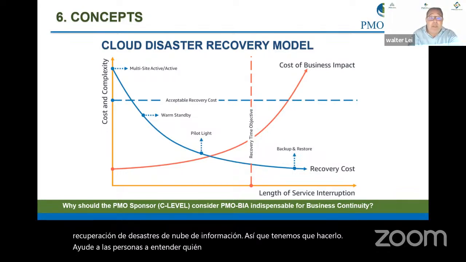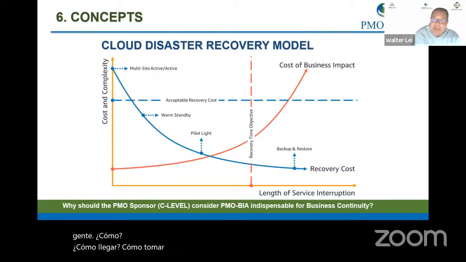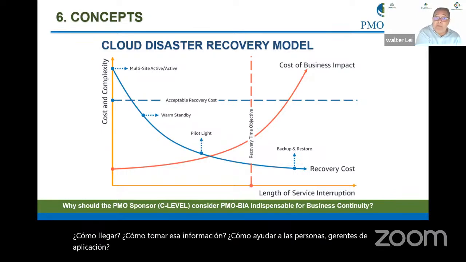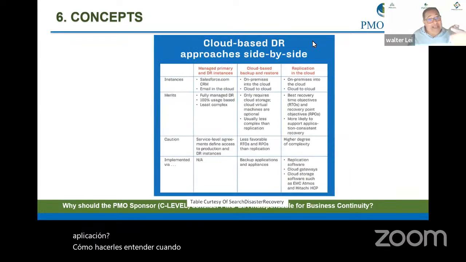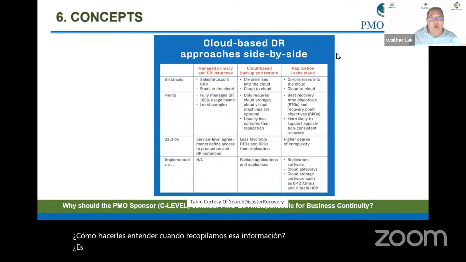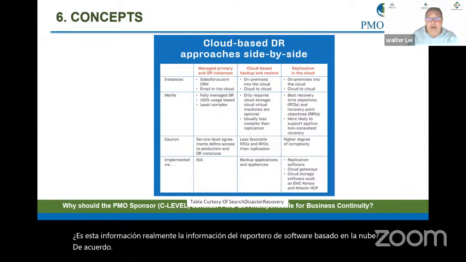We have to help people how to get it, how to take that information, how to help people, managers, application people, to understand when we gather that information. The cloud-based disaster recovery approach, especially for application people, web-based with web applications.